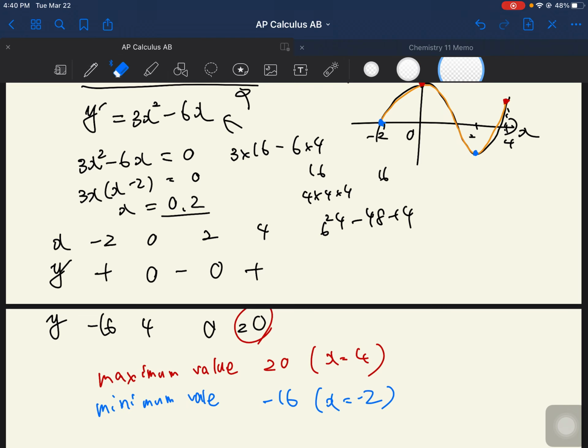Actually, these maximum and minimum are called absolute maximum and absolute minimum. So let me just write it here.